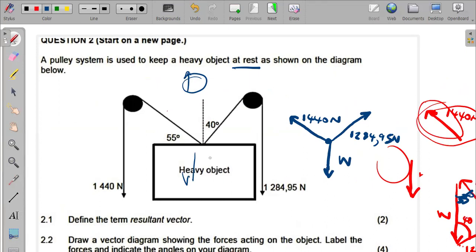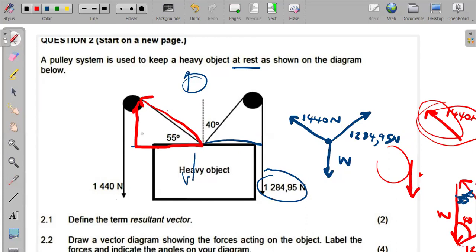Which forces are acting upwards? We have, of course, the vertical component of the 1,284.95 force and the vertical component of the 1,440 Newton force. So considering that, if this is the 1,440 Newton force, this is its horizontal component and this is its vertical component, right?